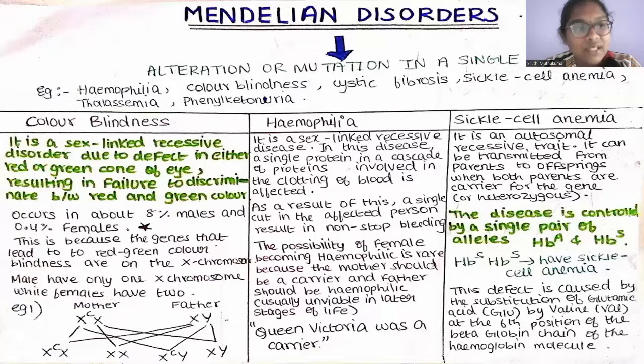And one thing that we are supposed to remember here, which is an example given in NCERT, is that Queen Victoria was a carrier of the hemophilic gene, and it was passed down to her successors. Many of the males died at those times because of hemophilia, because a simple cut would lead to non-stop bleeding, and it was only passed down to the males, and the females were just carriers of it.